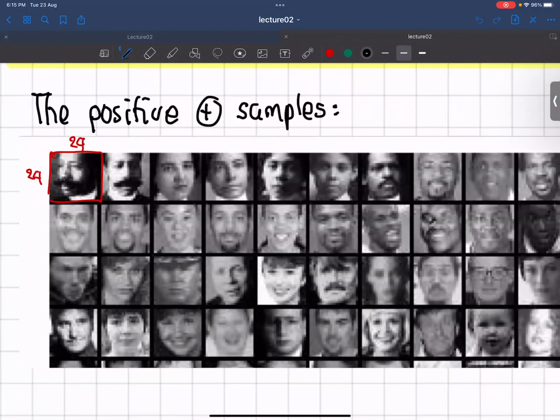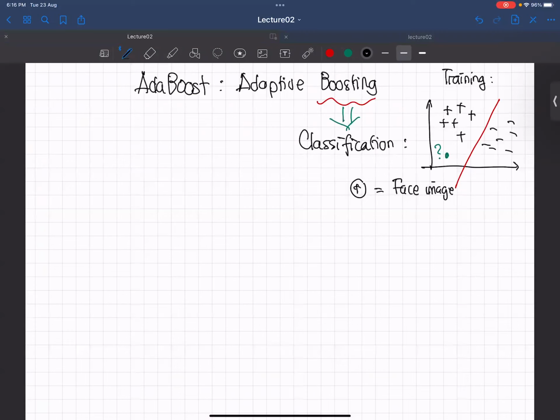All these are positive samples. Now, schematically, in terms of the pipeline, you have images, many images, and you want to input these images. I'm talking about the training stage here.